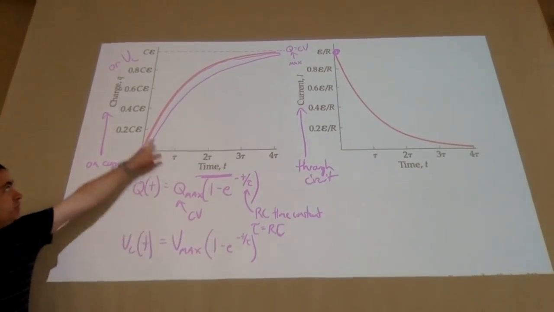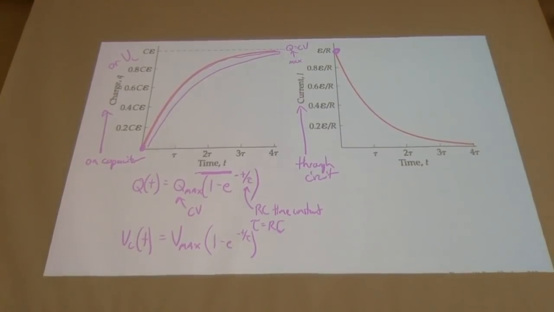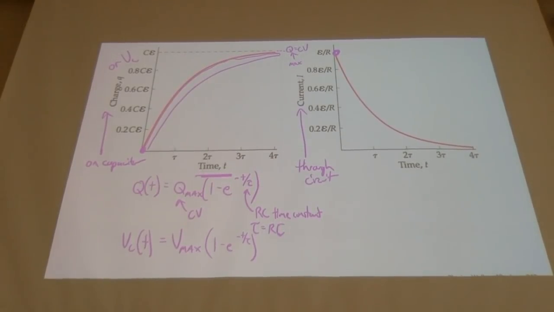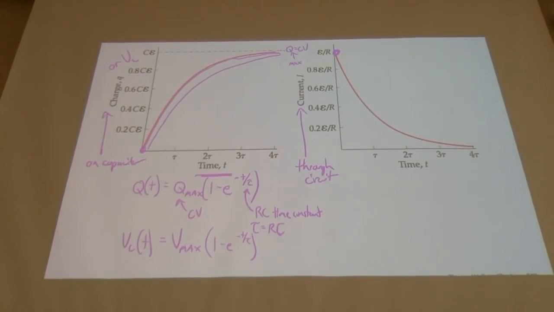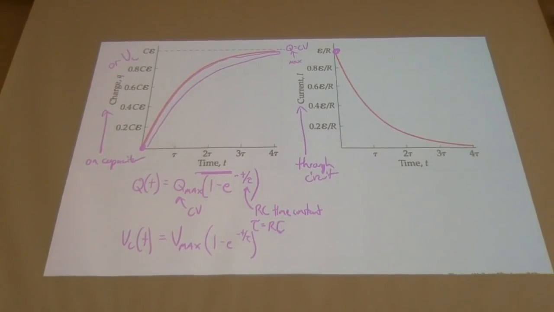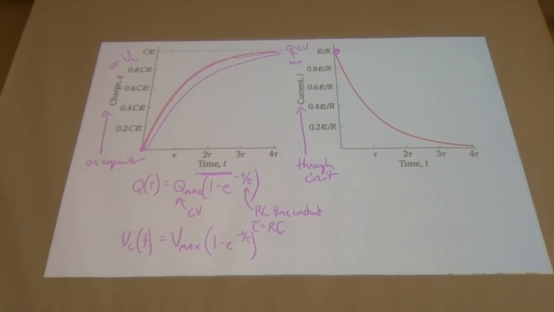So these functions essentially graph for you an increasing exponential function. It's something that represents a graph like that that starts off fast and then tails off towards some maximum value. The current, as we said, is that shape. It's a decreasing exponential. It starts at some value, rapidly falls off, and then begins to approach zero.